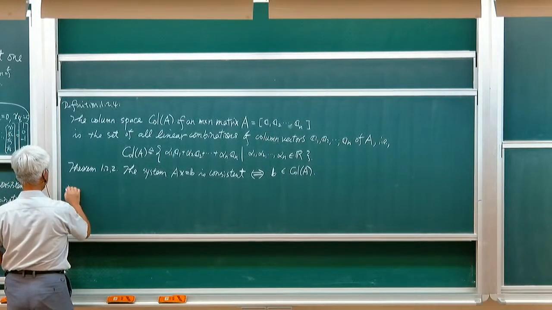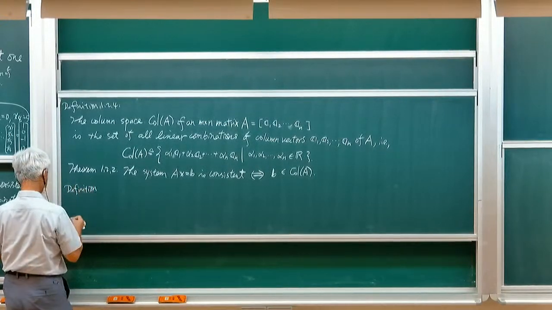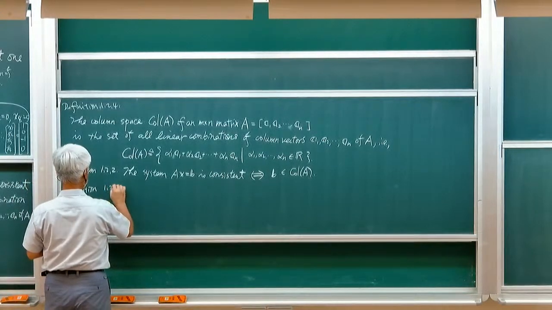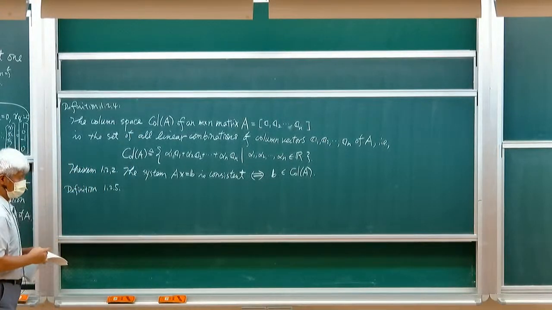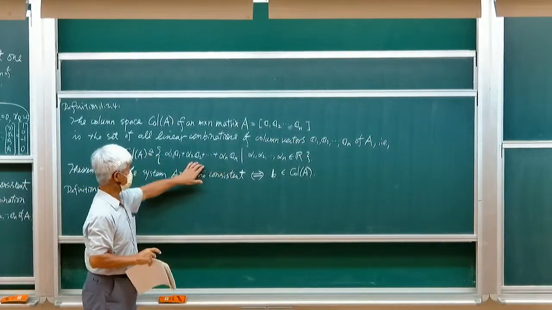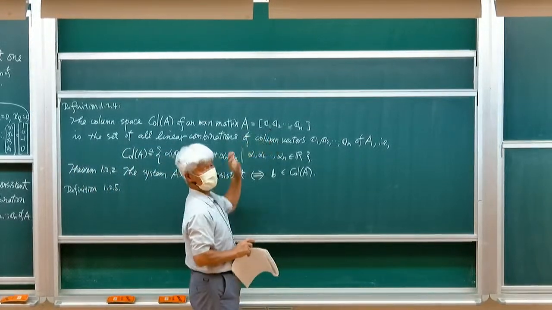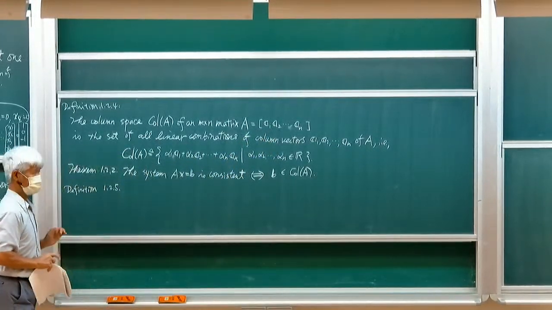Okay, and we have a more general definition related to the column space of A. In here, we form linear combinations by using columns from a matrix A, right?